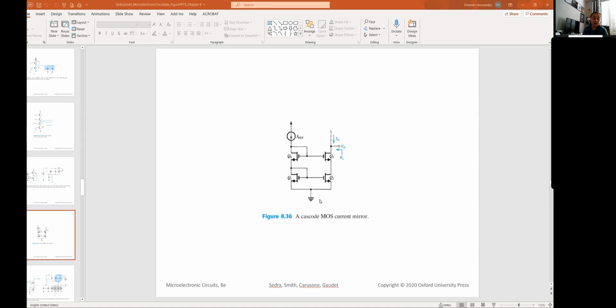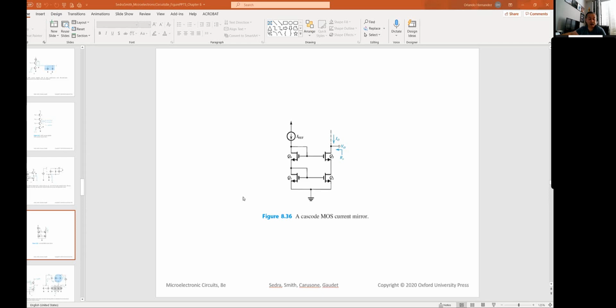So the output resistance in this specific circuit is the GM of transistor 3, multiplied by the output resistance of transistor 3, and also multiplied by the output resistance of transistor 2. So you get a higher output resistance for this current mirror, which is a desirable thing.